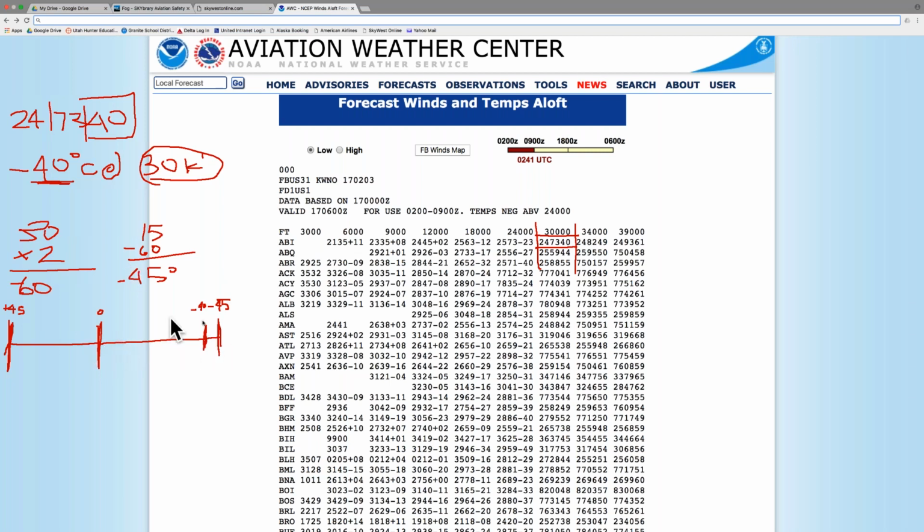If we take negative 45 and add 5 to it, we get negative 40, correct? So the way we would say this when we're talking ISA is ISA plus 5 degrees Celsius. Does everybody understand that?